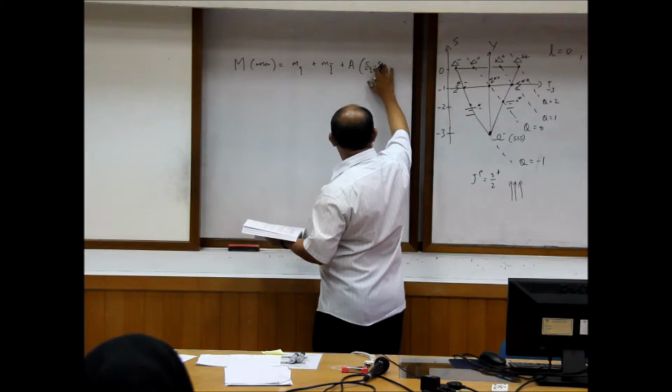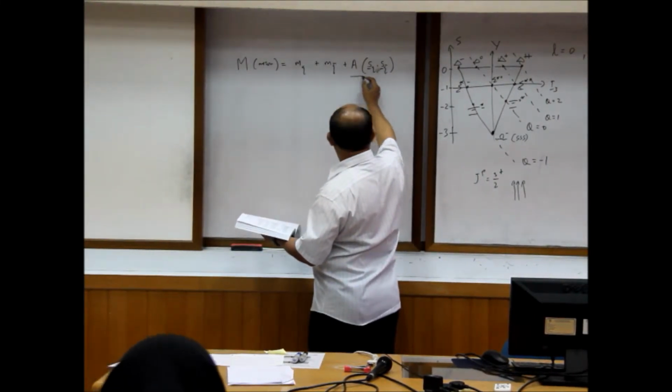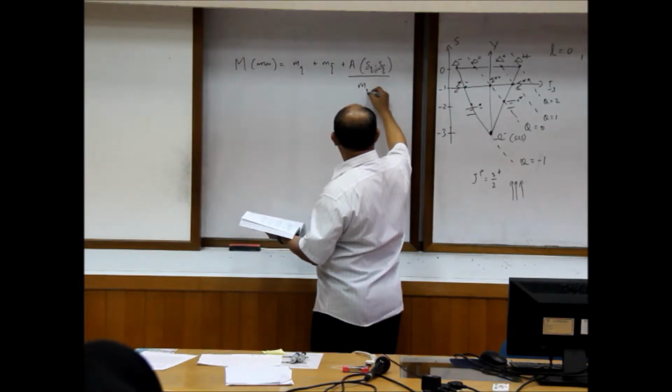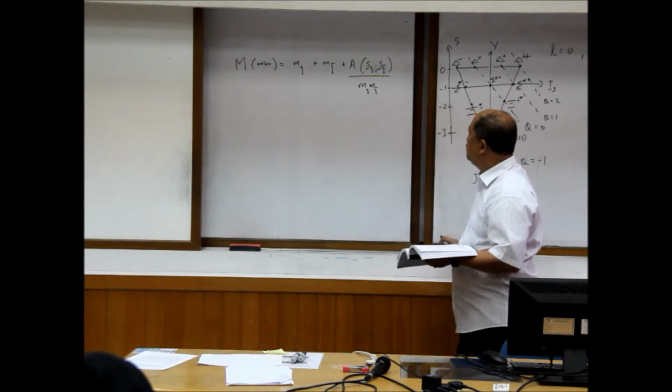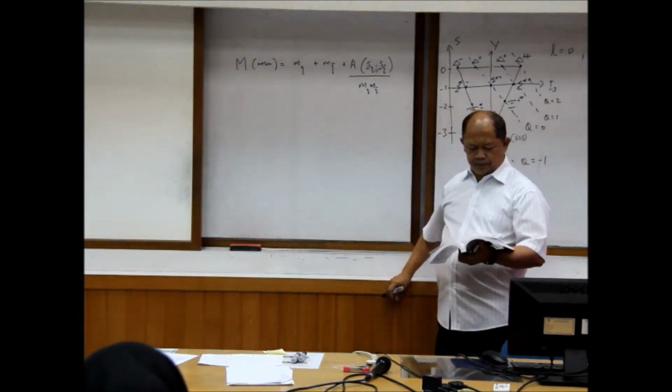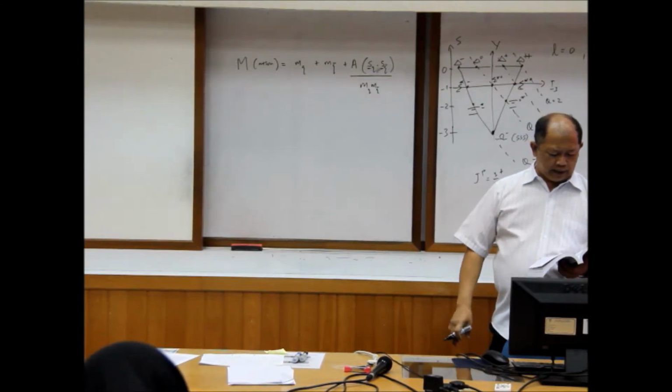The bar is over the S, not over the dot. Divided by the mass of quark, mass of anti-quark. So this is the spin-orbit coupling. And they found this to be correct.